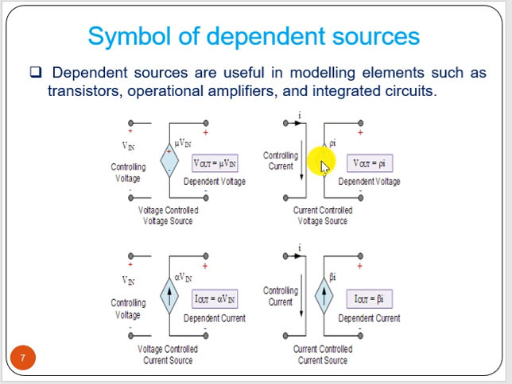Now this is a plus minus, so this is a voltage source controlled by this current I. So here Vout equal to rho I. This I is the control part, so it is a current controlled voltage source. Now here you can see this is a current source because it is showing the arrow. That means it is a current source, and this is the input.